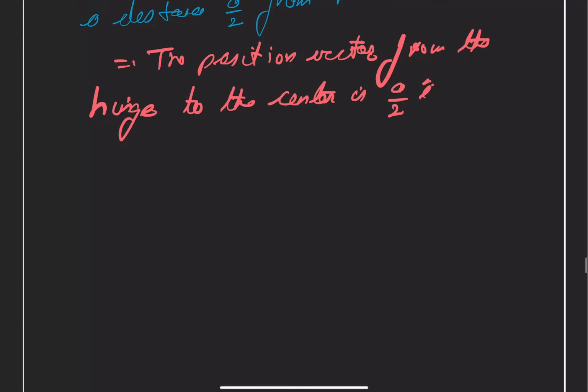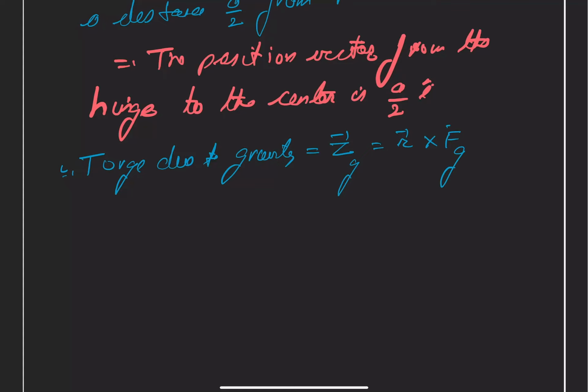Therefore we can write torque due to gravity, let us call this tau gravity, is equal to radius cross product force due to gravity.